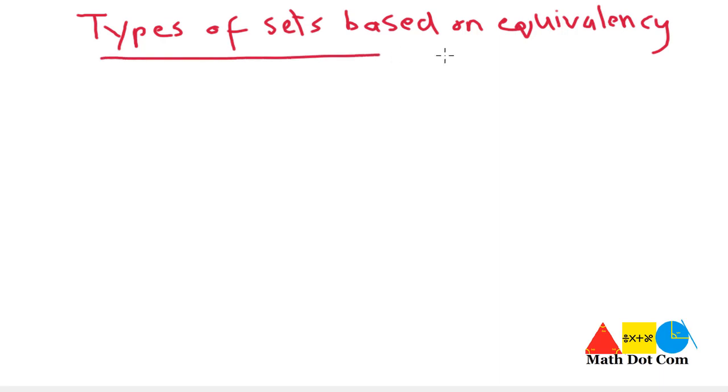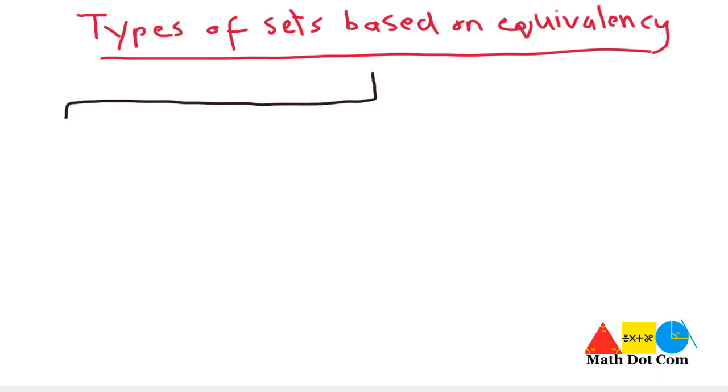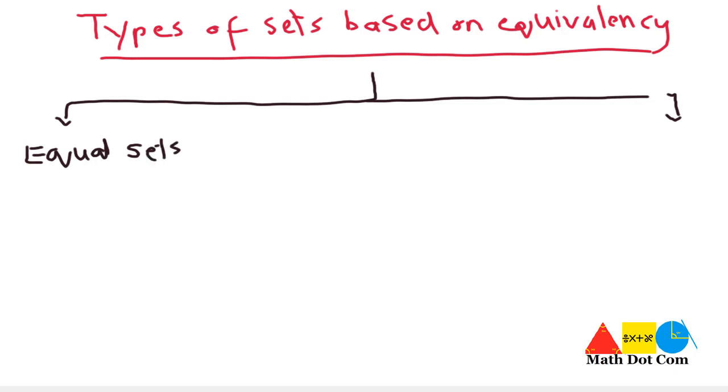Let's see what those types are. Based on equivalency, there are two types of sets: equal sets and equivalent sets. Let's discuss them one by one.